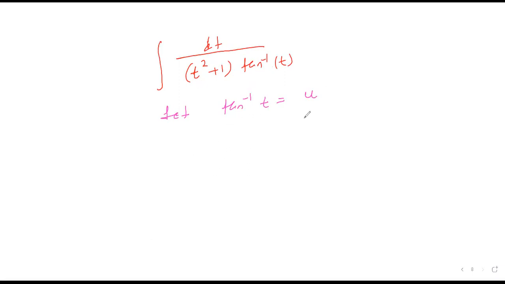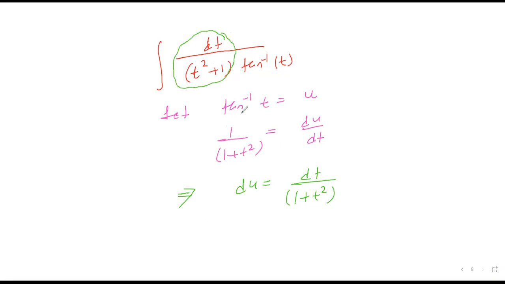So differentiate both sides with respect to t, and you get 1 divided by 1 plus t square equals du upon dt, meaning du is dt upon t square plus 1. So dt upon t square plus 1 can be replaced by du, and you have already assumed tan inverse t as u. So this overall integral can be written as du divided by u.